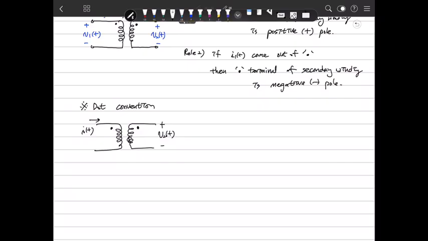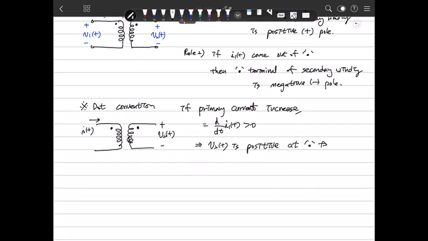Then the meaning is that if the primary current increases, meaning d/dt I1(t) is positive, then V2(t) is positive at that terminal.